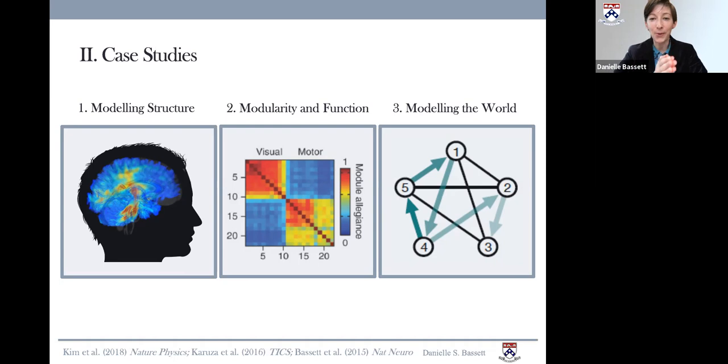You may not all know that inside of your brain, there are water molecules bouncing around continuously. They're moving by Brownian motion, and they are continuously bumping up against structural boundaries. And these structural boundaries are actually long tails of axons between one neural cell body and another neural cell body.